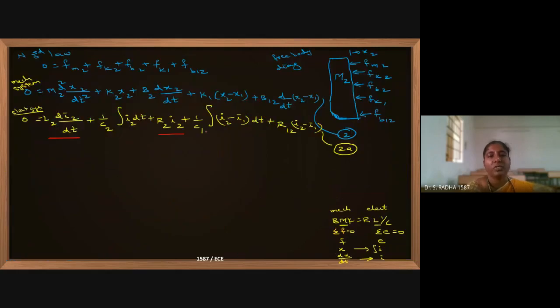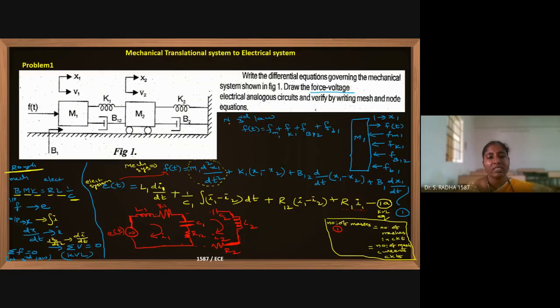Now the fourth term, 1 by C1 integration of I2 minus I1. C1 is already there in the common path. When writing the loop equation for the second mesh, I2 comes first, so I2 minus I1, where I2 is upward and I1 is downward.